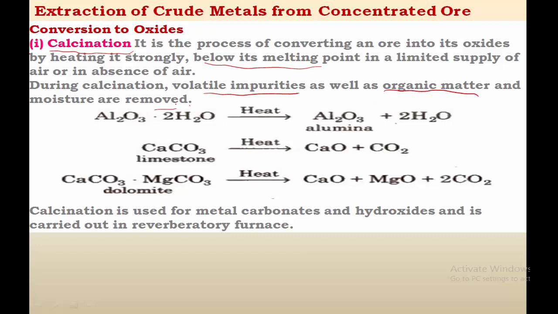And after this, the main thing is carbonates get decomposed to oxides. So calcination involves the decomposition of carbonates to their oxides, and it is carried out in reverberatory furnaces. Only calcination is used for metal carbonates and hydroxides.